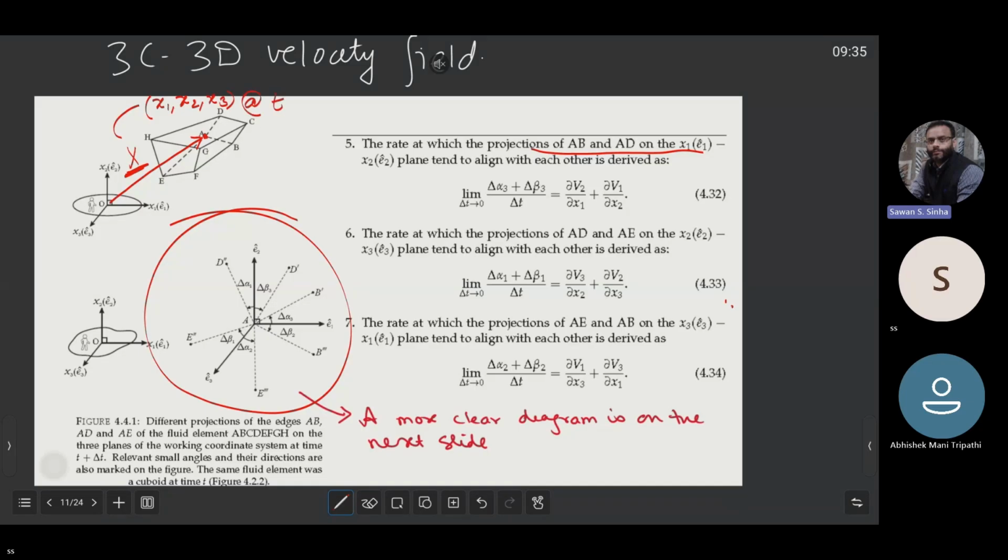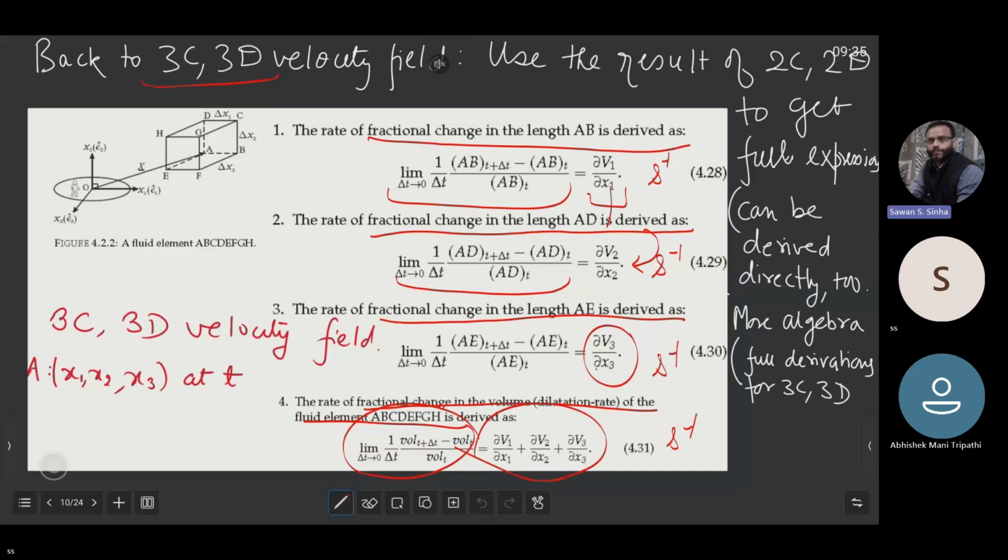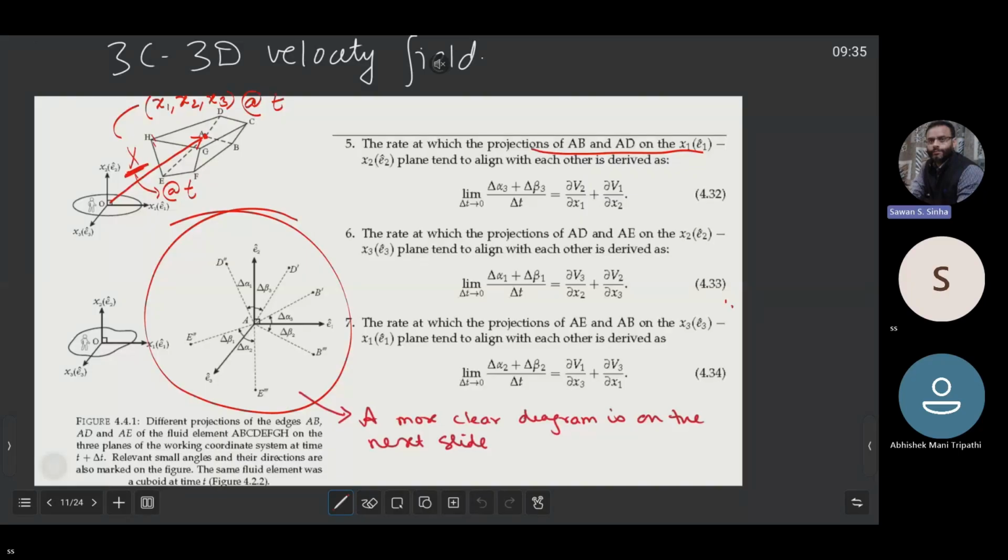Of course, this is distorted, so this is at t plus delta t, but A was at x1, x2, x3 at time t. A is the base location. Okay, so rate at which AB and AD projections on which plane? The x1, e1, x2, e2 plane.